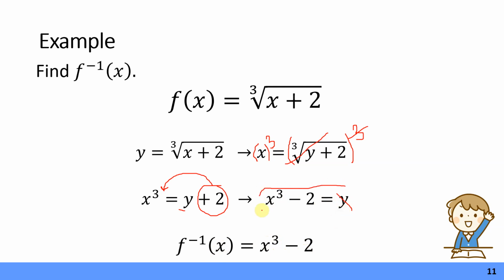I don't care if you notice that on this one, the y ended up being on this side. When you have an equal sign, you could put the y on the front and this on the other side, and everything stays the same. Of course, just don't forget the y is replaced with f inverse.